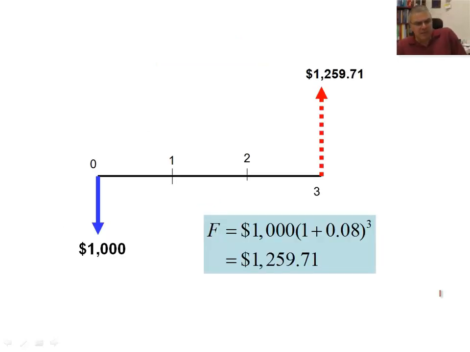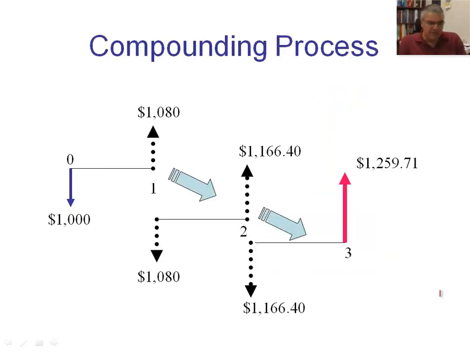So if we take a look at this, we need to formulate the compounding process. Again, $1,000 today at the end of the first year with an 8% interest rate would be $1,080. This $1,080 would be for the beginning of the second year. Again, it will be $1,166.40, and so on, as I just showed you.